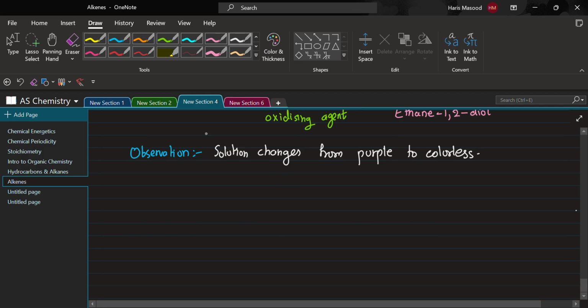So we noted down two tests to distinguish alkenes and alkanes.